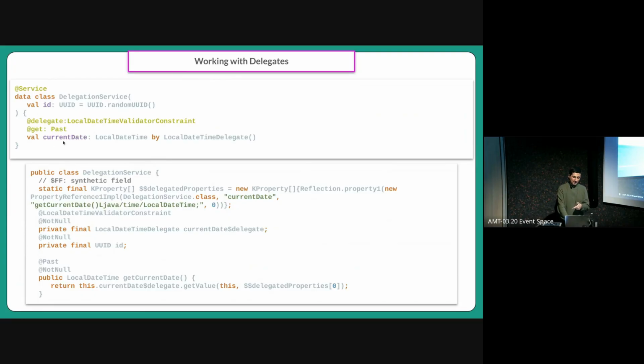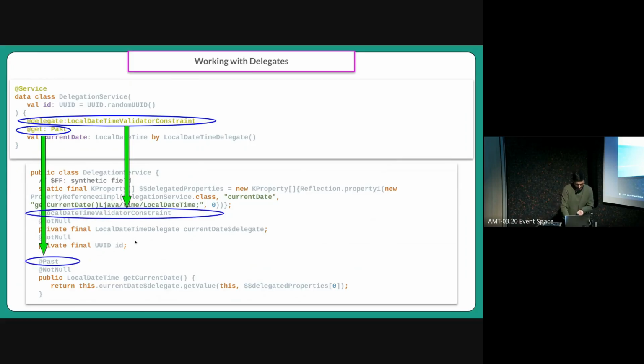So the result, which is the delegate, has this local datetime validator constraint, and the date has to be in the past. So we have 2 validations working together. One is going to validate the delegate itself, and the other is going to validate just the date.